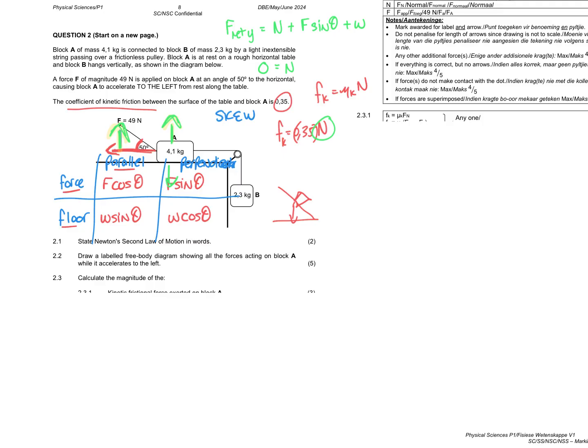F sine theta is 49 sine 50, and the weight is downwards, so it's in the opposite direction of the force. So I'm going to make that one a minus, and the weight is going to be 4,1 times 9,8, because the mass of this block is 4.1. And you can see that here, that's what they did, but they just did it all in one. So they worked out the normal force and the component all together in the same kind of calculation.